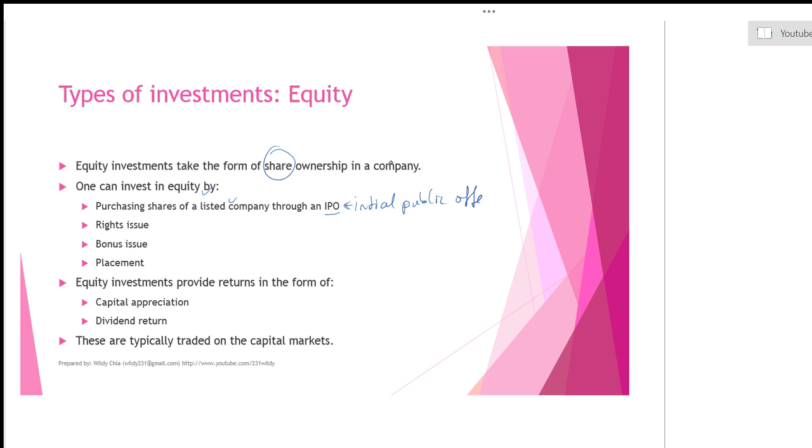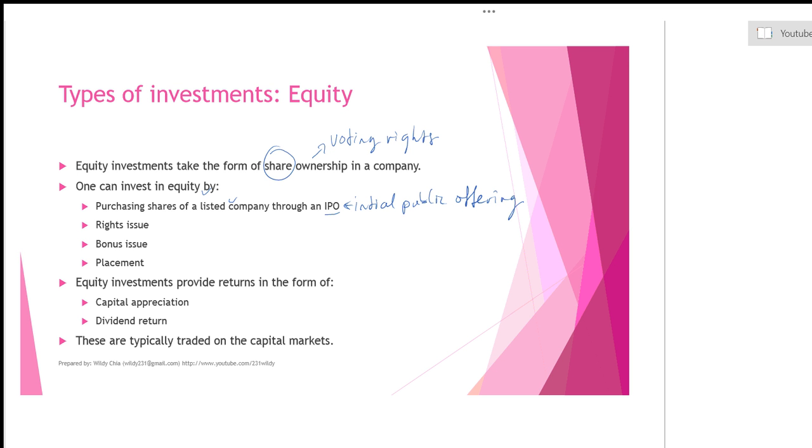So all you have to do is just apply for the shares of the company through the IPO, and then if you're successful, you get to have share ownership in the company, right? Now, this share ownership in a company also gives the holders of these shares voting rights, right? So there are some benefits to equity investments.